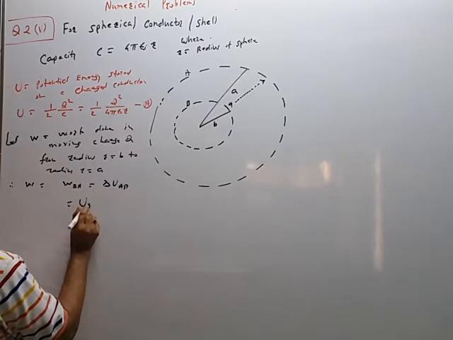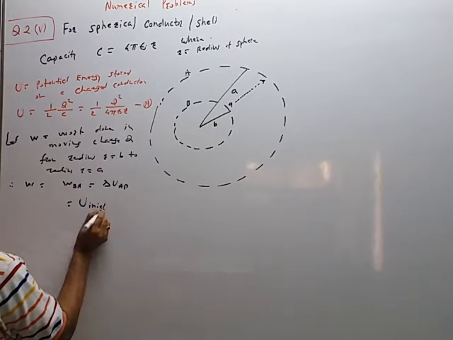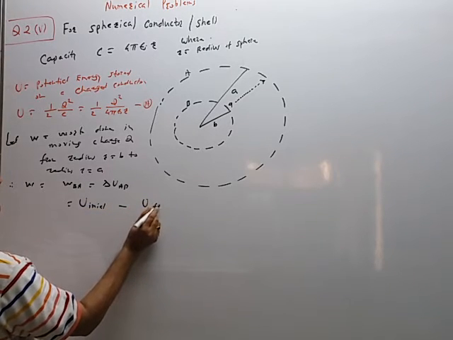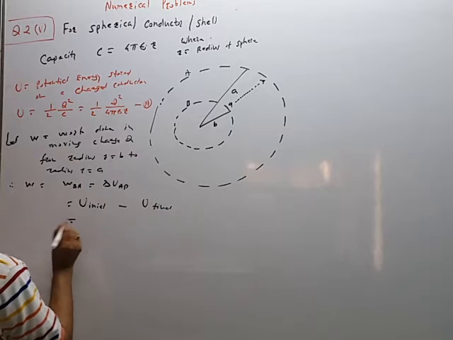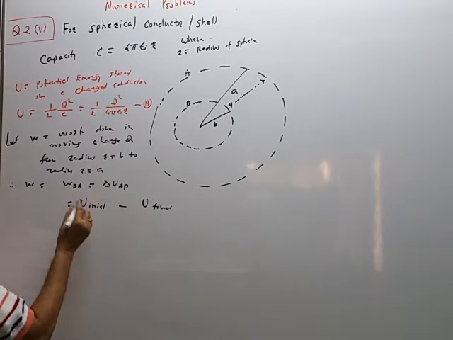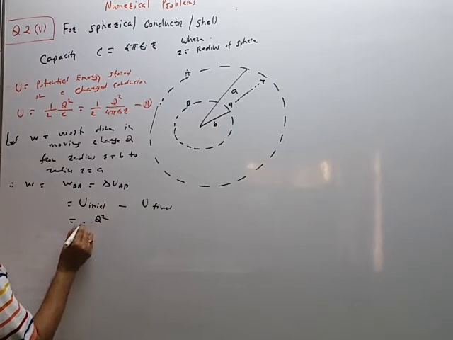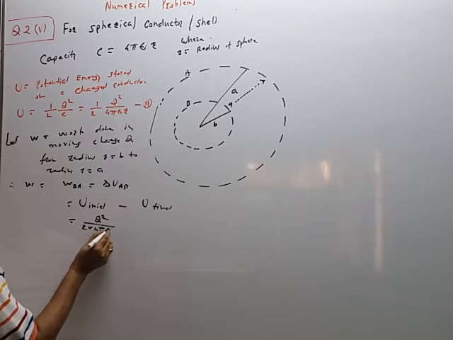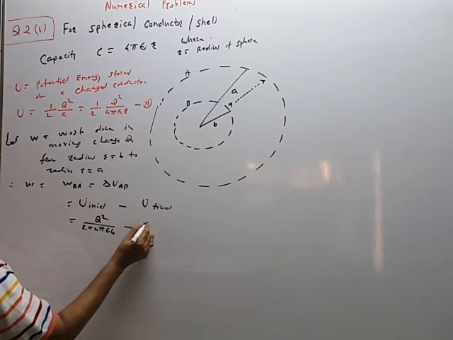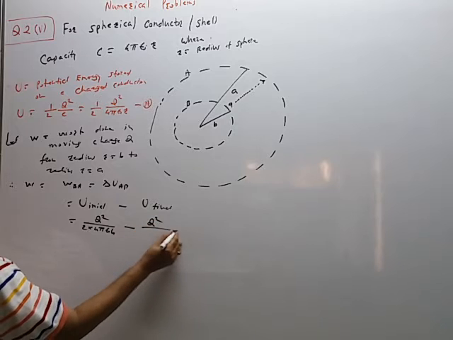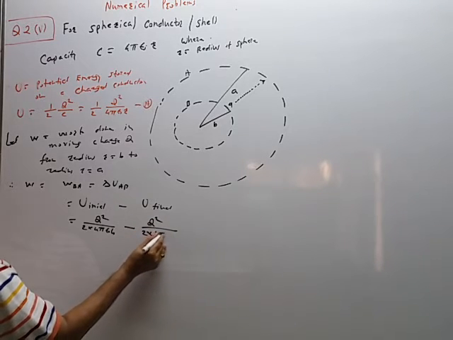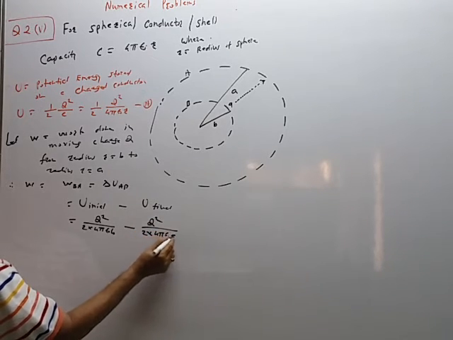So this is equal to U initial minus U final, and therefore U initial is equal to, now use this formula, Q square upon 2 multiplied by 4 pi epsilon naught b minus Q square upon 2 multiplied by 4 pi epsilon naught a.